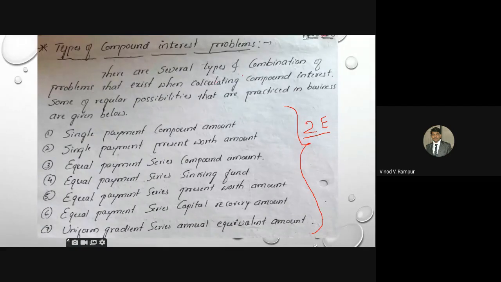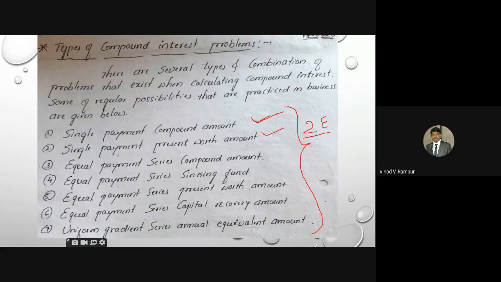There are several types and combinations of problems that exist when calculating compound interest. Some of the regular possibilities practiced in business are given below. The first one is single payment compound amount. That is the problem we solved just now. Then single payment present worth amount. I will explain all these one by one, along with some problems.